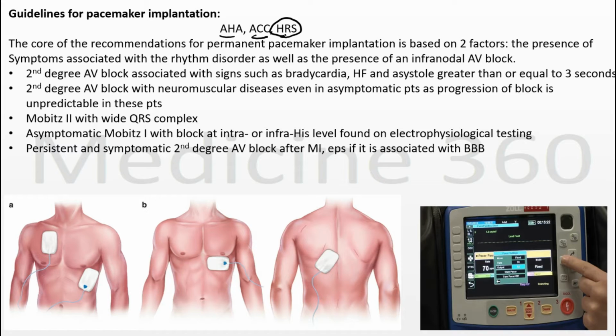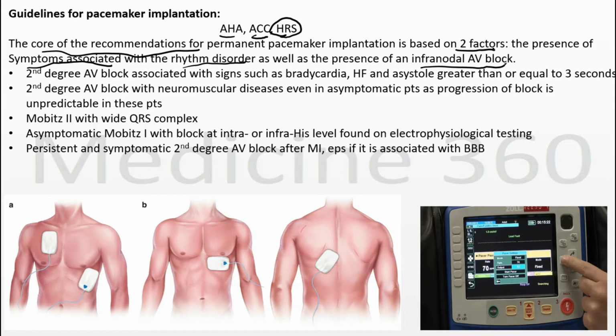The core of the recommendations for permanent pacemaker implantation is based on two factors. One factor is the presence of symptoms related to the rhythm disorder, and the second is the presence of infranodal block.